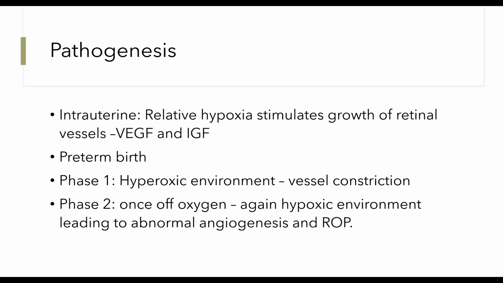Because of the hyperoxic environment, there is vessel constriction. This is phase 1. The moment we remove the baby from the oxygen, there will again be hypoxia, and that hypoxic environment creates a high VEGF load inside the vitreous cavity, and this leads to abnormal angiogenesis and ROP.